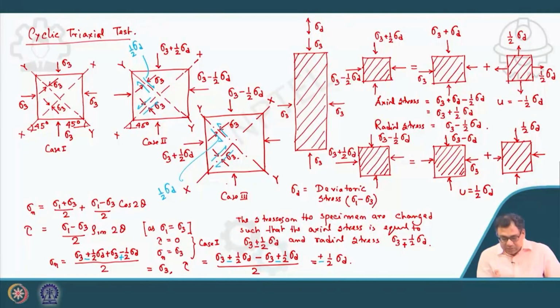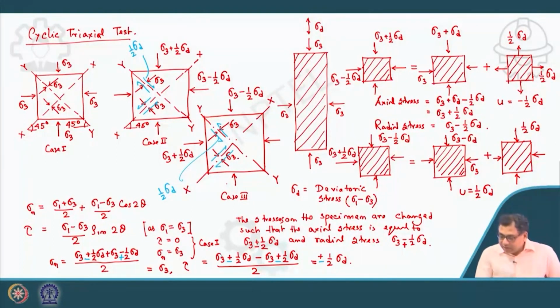So now, in case 2 and case 3, on the planes xy and yy and xx, normal stress will remain same, shear stress value will remain same, but the direction of shear stress will change.